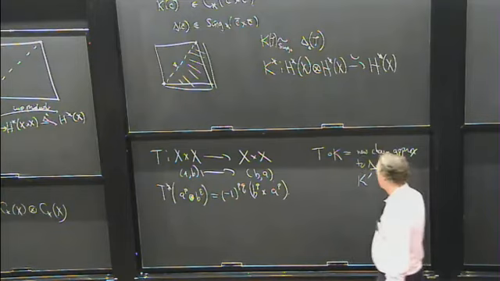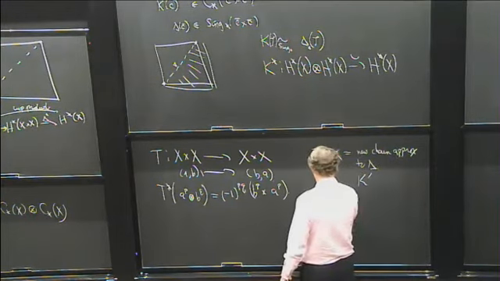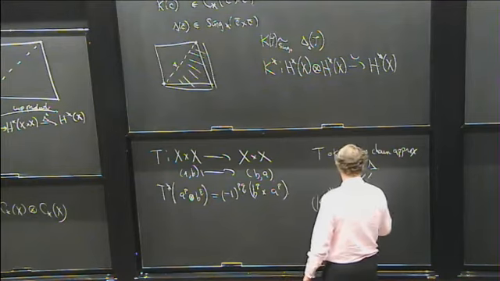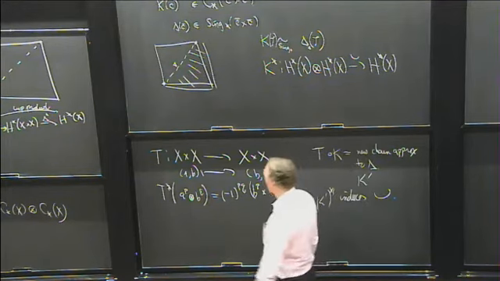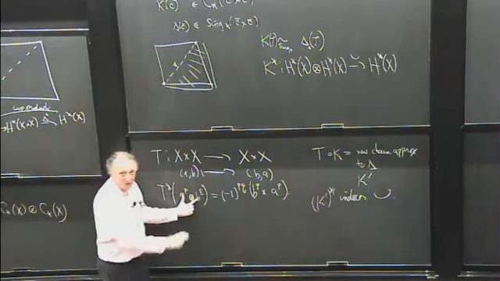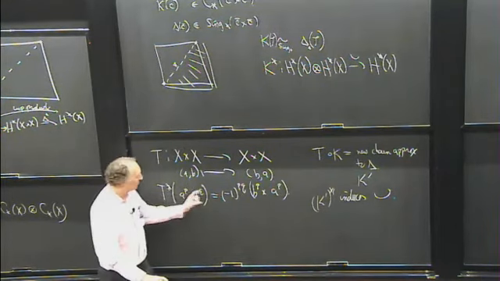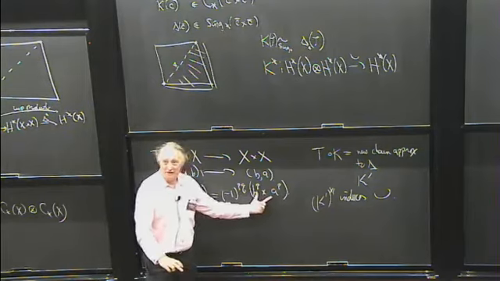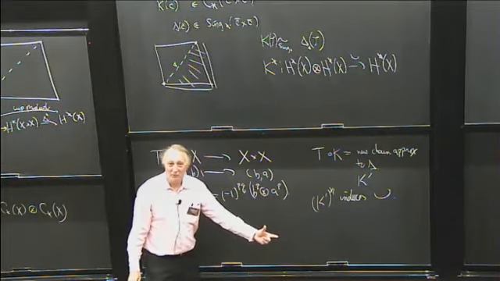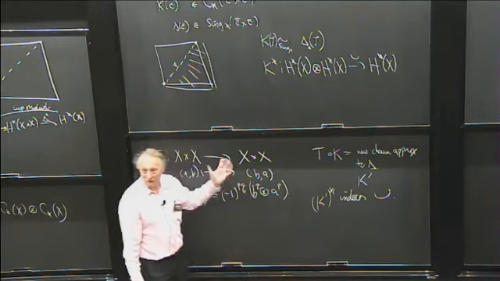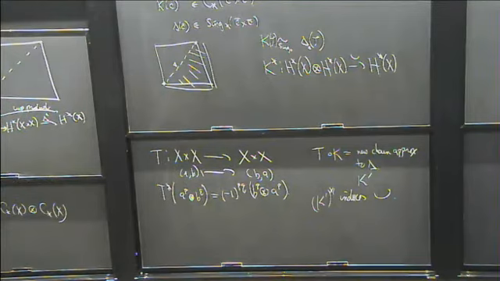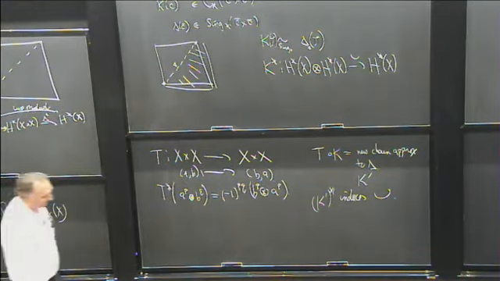And therefore, it also induces cup product. So we see, without using T, that A tensor B goes to A cup B, goes by T up to a sign times B tensor A, which then goes to that same sign times B cup A. And there's the graded commutativity in cohomology from this acyclic carriers theorem.